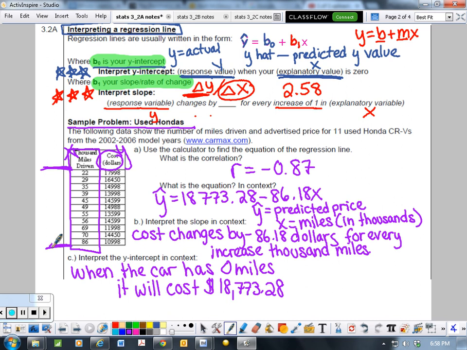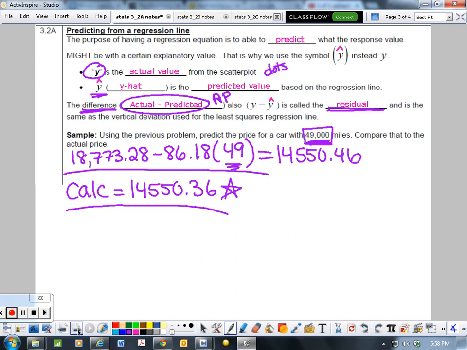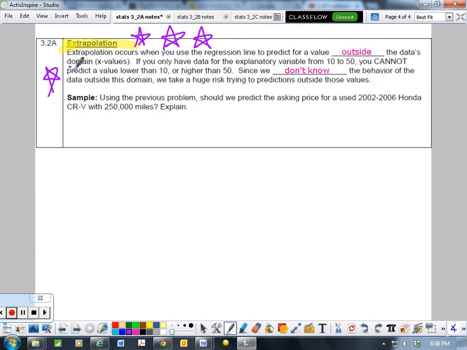I'm going outside our scope of data. And so we don't know what really happens, because when I graph this, it looks linear. But if I throw in data points from outside of there, I might find curved data, and it would change how everything's predicted. So we must stay inside of that domain, the x values for our data. We never go lower or higher than the x values we know, because we don't know what's going to happen. We don't want to take that huge risk.